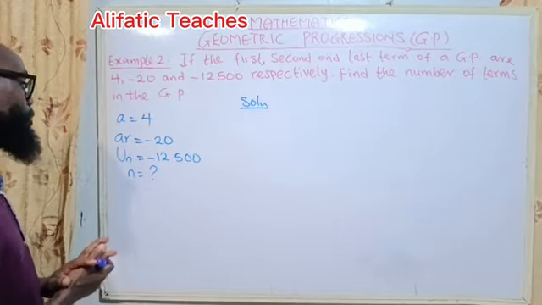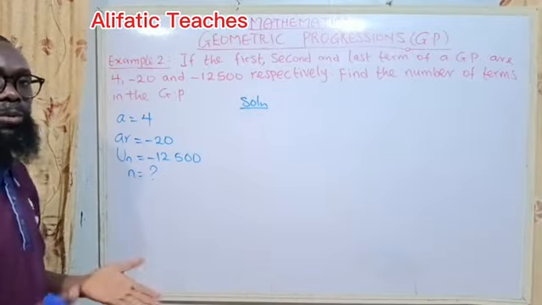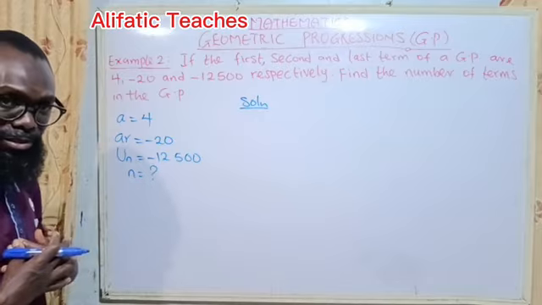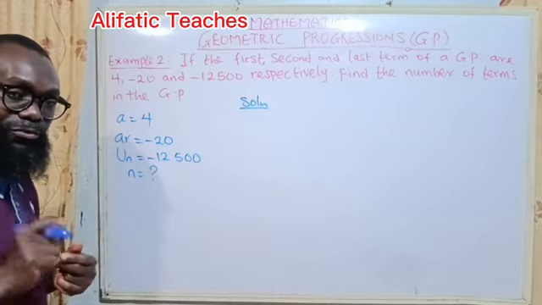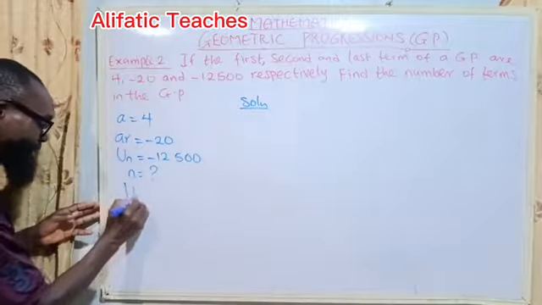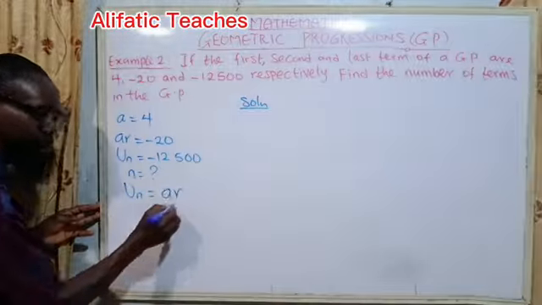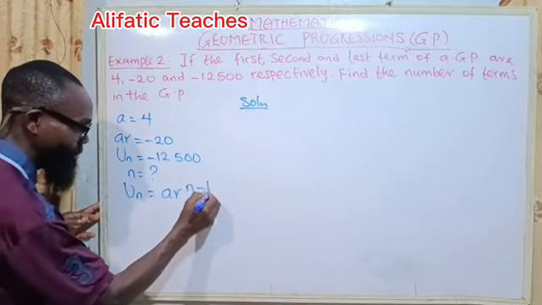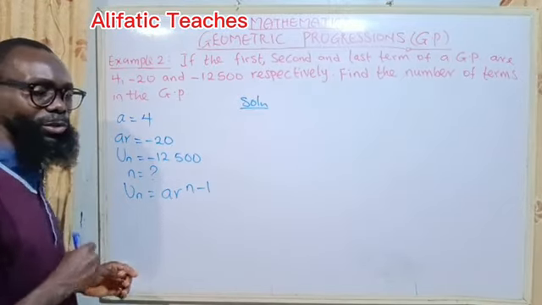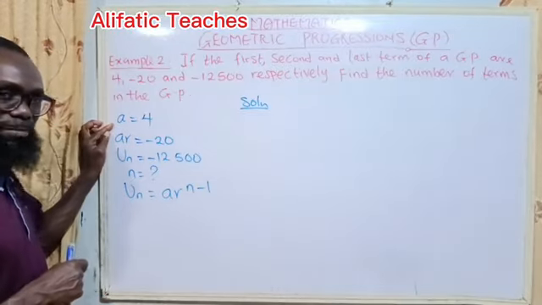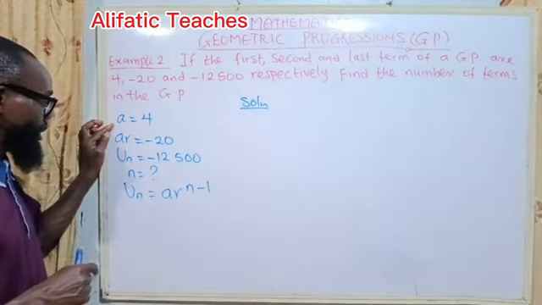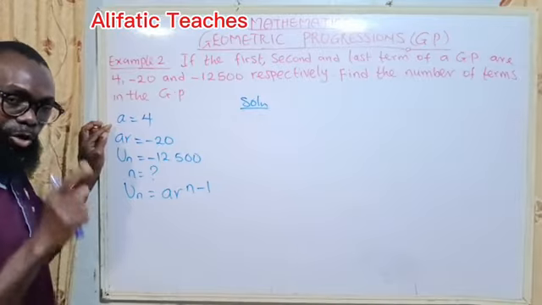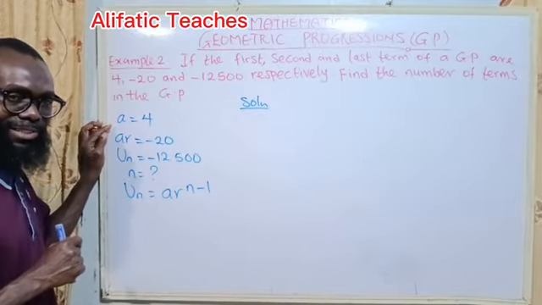And don't forget, since we are dealing with a GP, the formula that comes to mind is un equals ar raised to power n minus 1. But before we move on, we have our first term a, and there's something that we have to get: the common ratio. We don't have it yet.